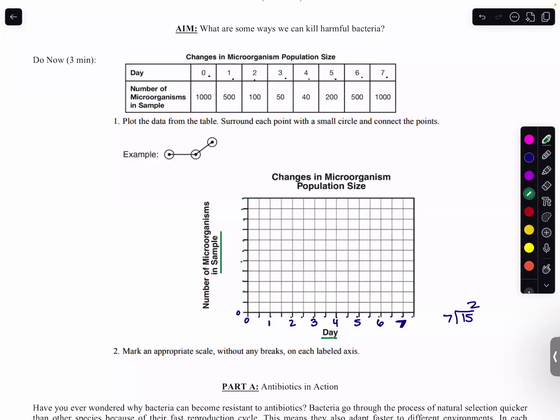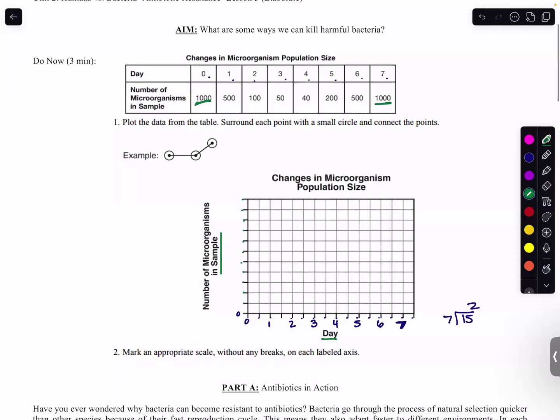And then I have the number of microorganisms in a sample being the highest is 1,000, both at 0 and at 7, right? But I have 11 going up. So I can literally just go by 100s, right? If I go by 100s, then I know that I'll make it up to at least 1,000, with 1,100 being at the top, all right?